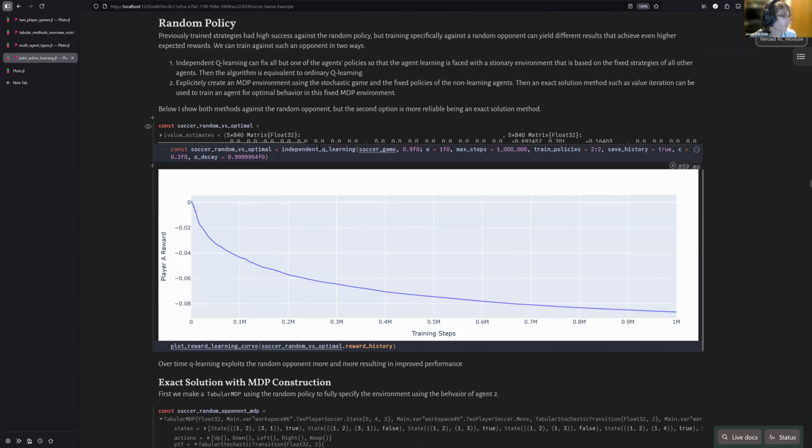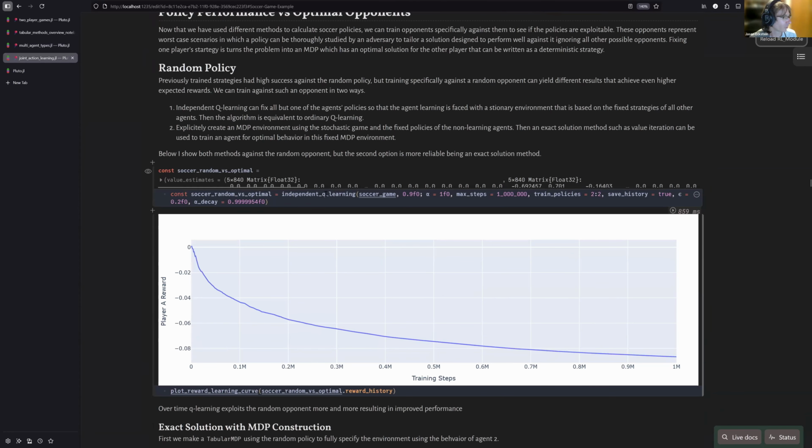So this is an example of doing independent Q-learning against a random opponent. The policies always start out random when we do this. That's the initial policy that we start with, because all the action values are equal. And here I'm only going to train the second policy. There are two agents.